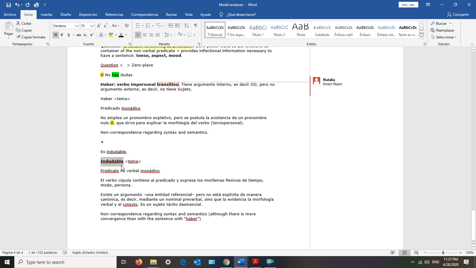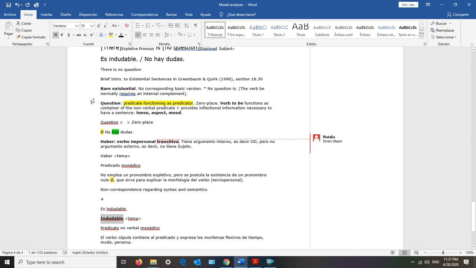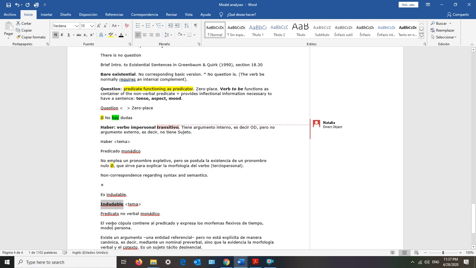Indudable, since it is like question before a non-verbal predicate, it requires the copulative verb, right? The copulative verb to be, ser, to contain it, and to express the inflectional information of tense, of mood, of person.